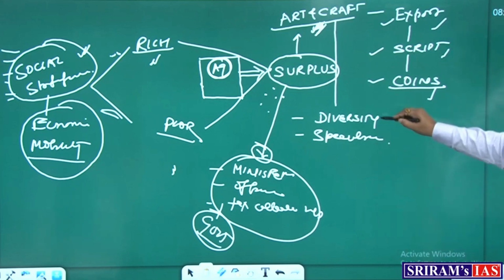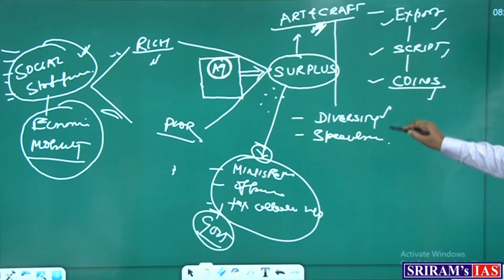Crops will be diverse, diversity of crops, and there is a specialization of the craft. Fine. Then grain should reach these areas because all are artisans, they are not producing. So grain will come from the village.